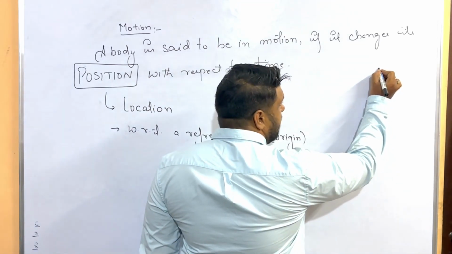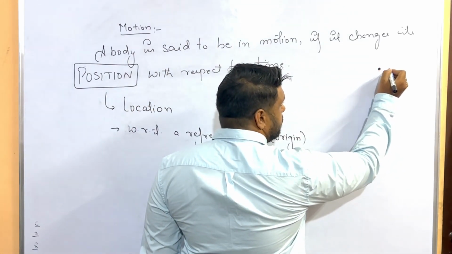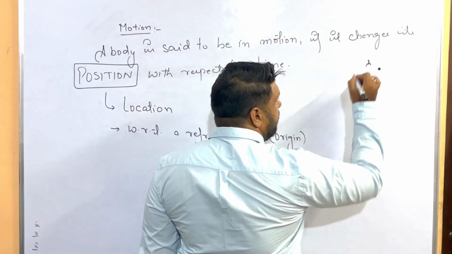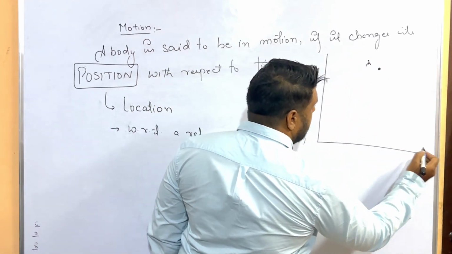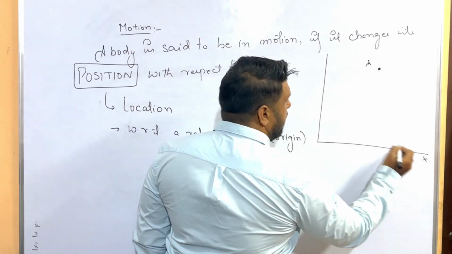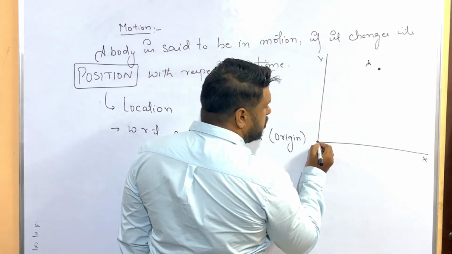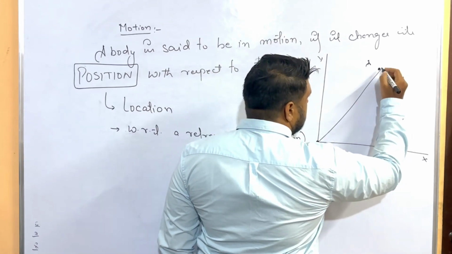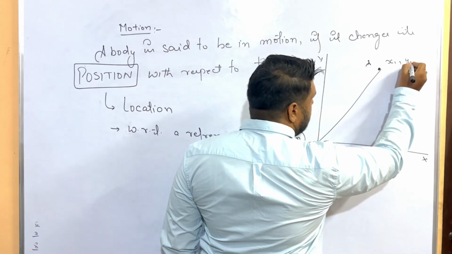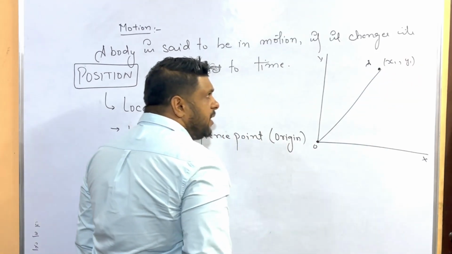Let's say we are having a particle present at this point, and I want to define its position. So we will take an xy plane here, x, y, and this is origin. And we will try to measure its coordinates here, x1, y1. So this is going to be its position.